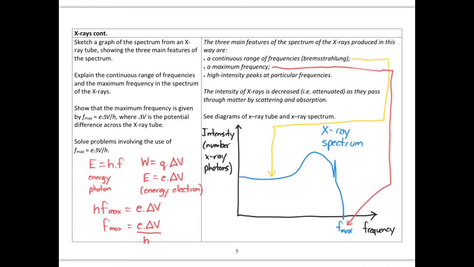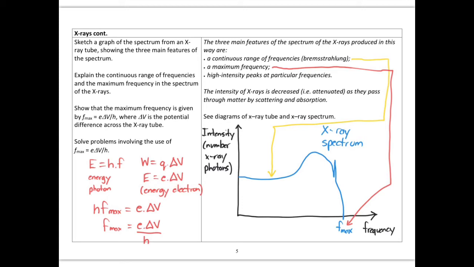Now that maximum frequency is determined from what we've got over here. We know the energy of a photon is given by hf. And the maximum energy of a charge is the work done, which equals the charge times the voltage, so work done equals QΔV. So if we're talking about the energy of an electron, we're talking about e, the charge on an electron, times the voltage.